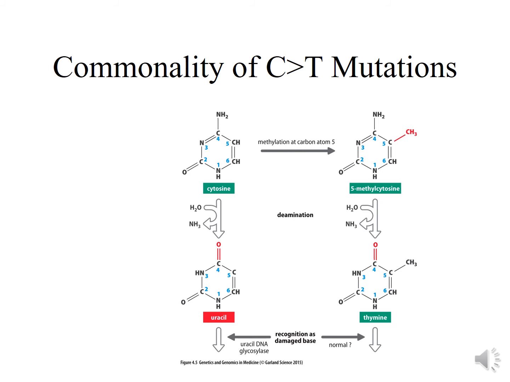Although a stable CG base pair has now been replaced by a TG base mismatch, the base mismatch may often escape detection by the base mismatch repair system, which focuses on DNA replication events. At a subsequent round of DNA replication, the thymine will form a TA base pair and effectively produces a C to T mutation.